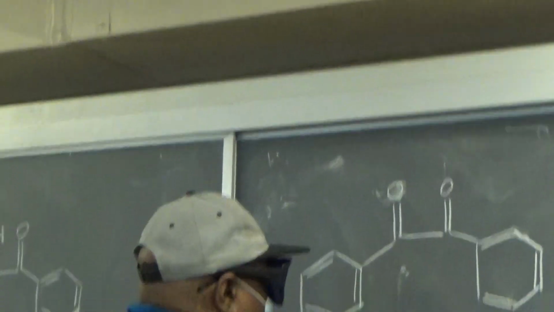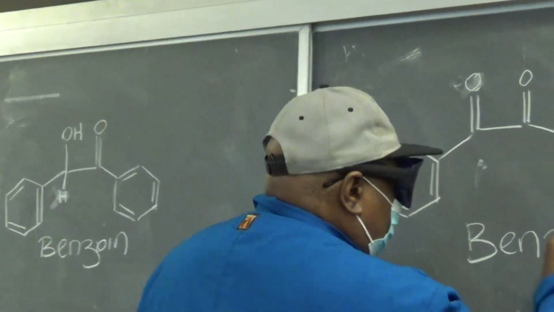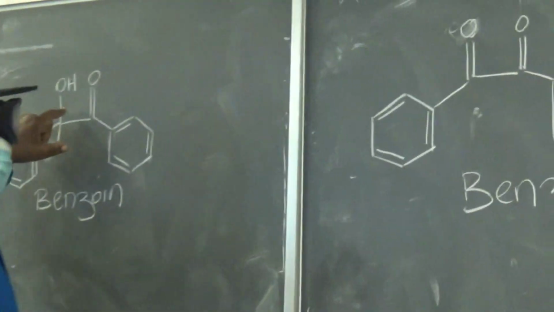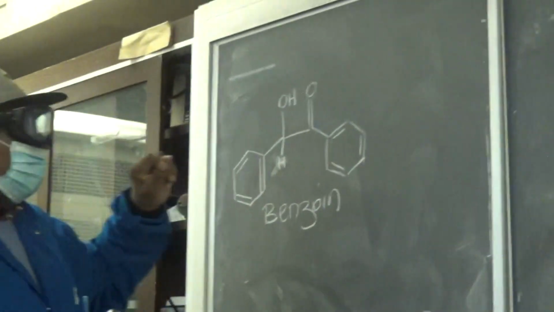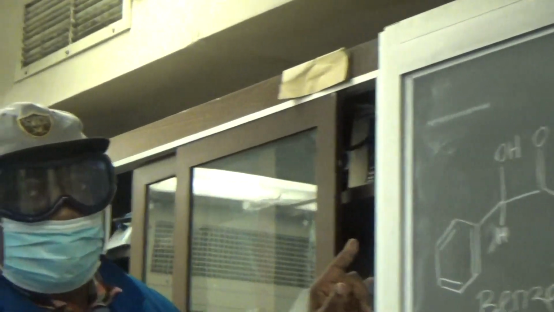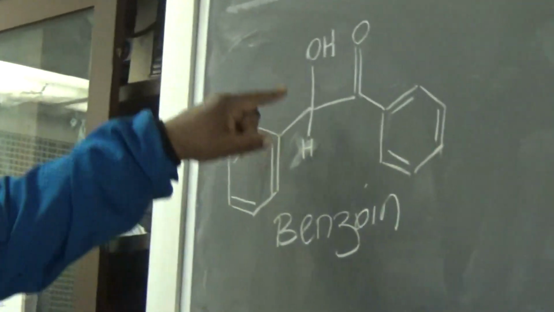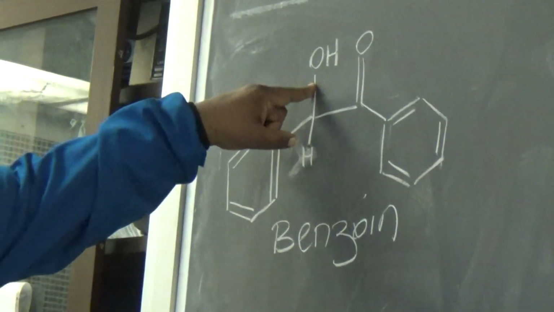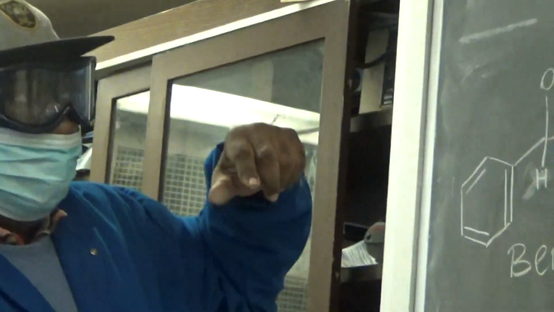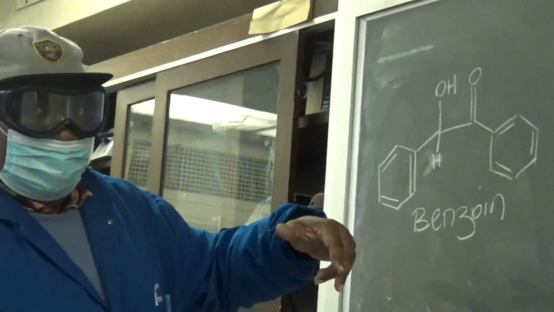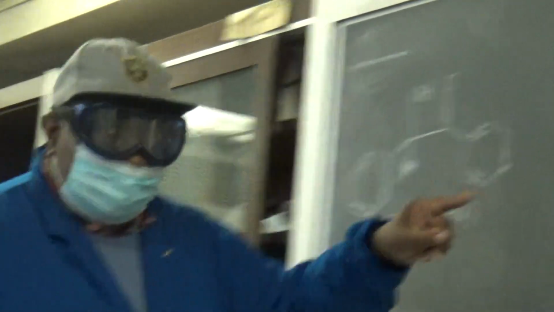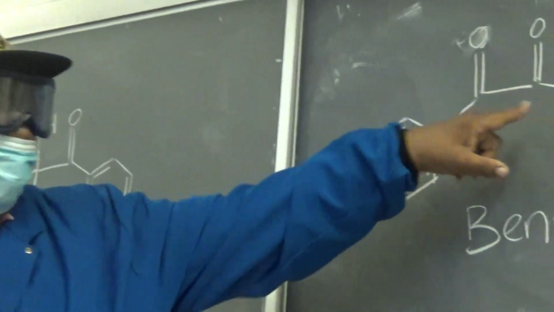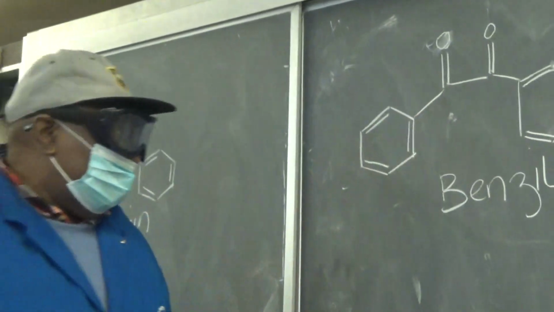It goes from the alcohol to the ketone. So, as you see, it's basically what is called a partial oxidation of benzoin. Because you have a secondary alcohol here, when you oxidize a secondary alcohol, what you get is a ketone. You go from here to here. That's a diketone.